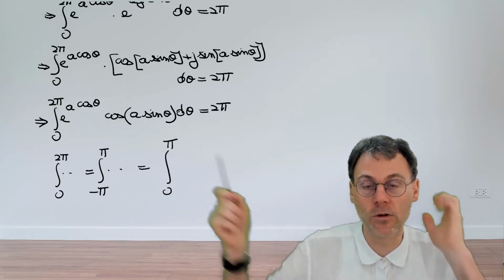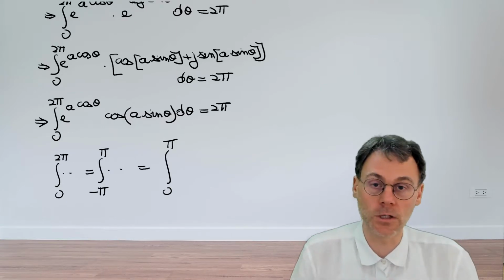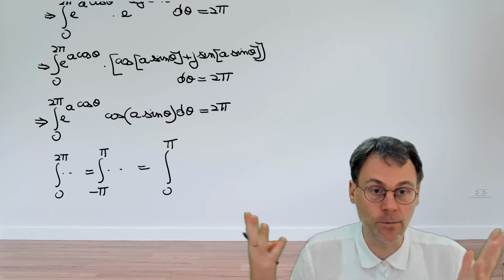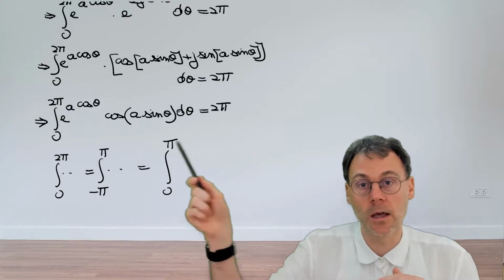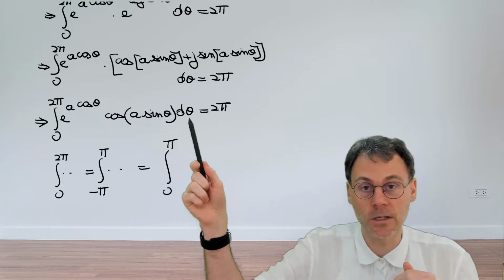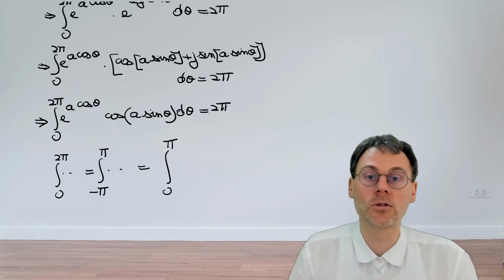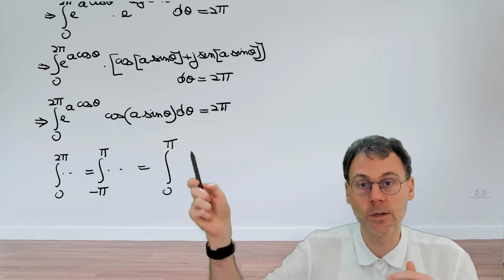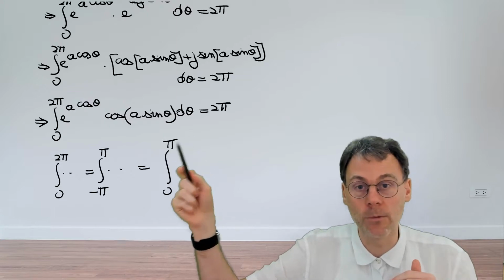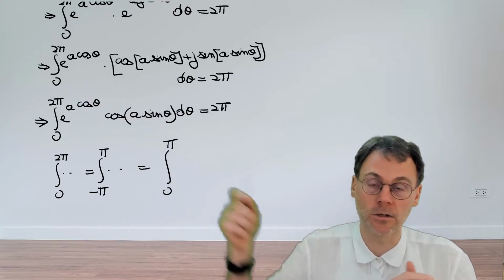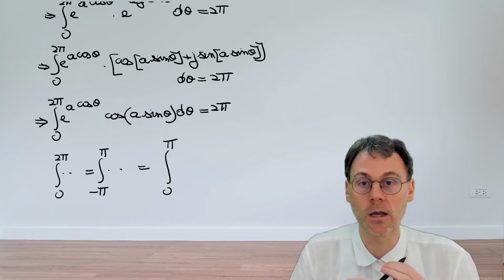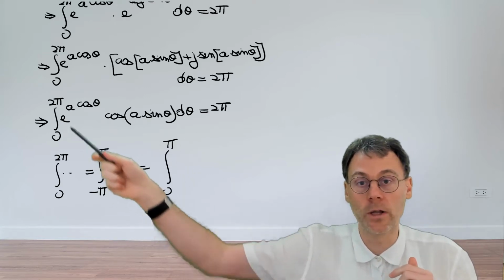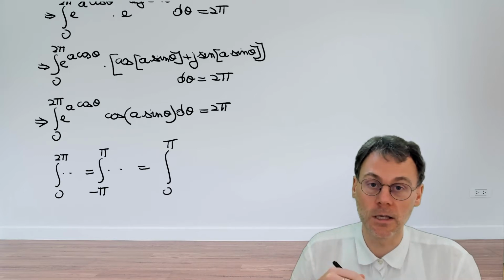So let's first have a look here. Inside the cosine, if we replace theta by minus theta, nothing will change. Cosine is even. Here, on the other hand, we have it inside the sine originally. So this is not an even function, so there will be a minus sign appearing here. But luckily, it's again inside another cosine, which will annihilate the minus sign, so to speak. So we can conclude that the whole integrand over here is an even function.